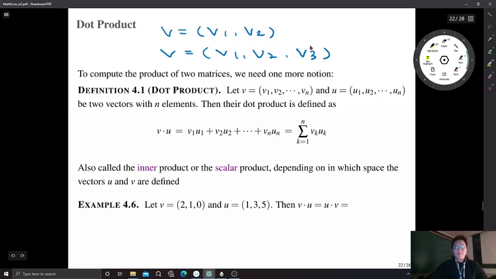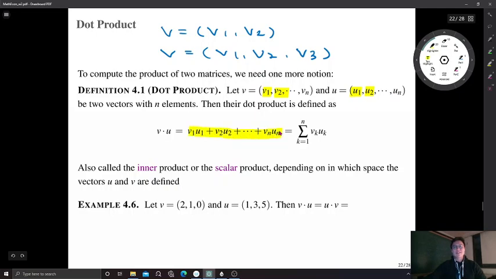The product of these two vectors is defined as this. We first multiply the first components of each vector, so we take the first entry of each vector and multiply them. And we take the second element of each vector and multiply them, and then we add them up to the last component, Vn times Un.